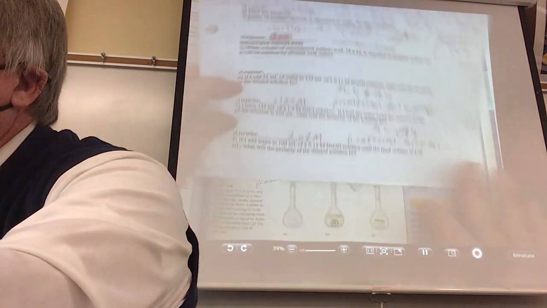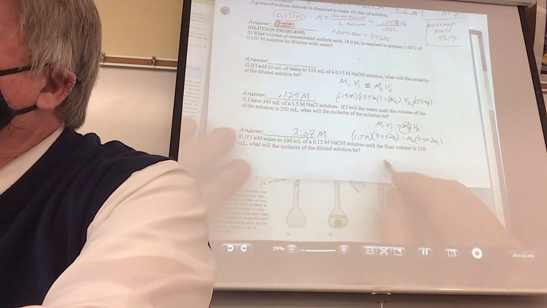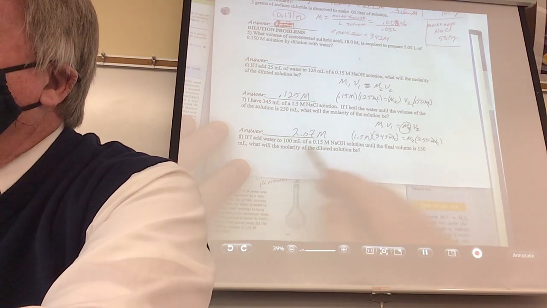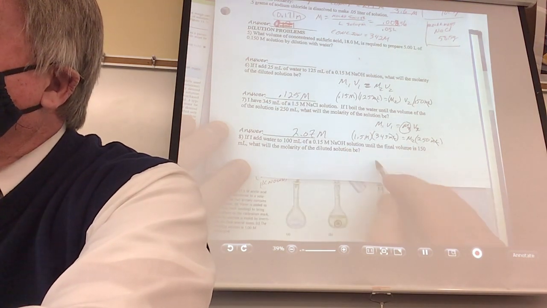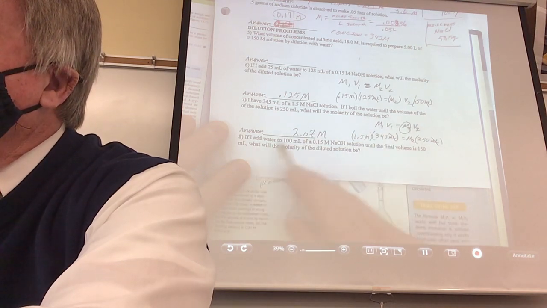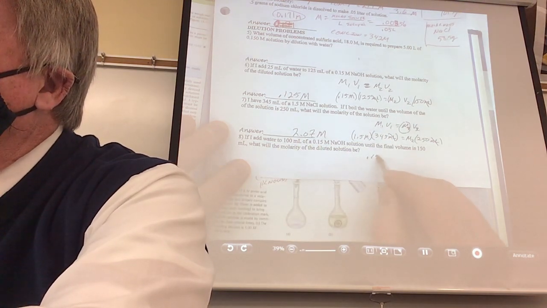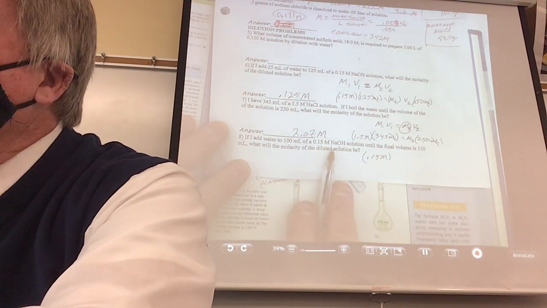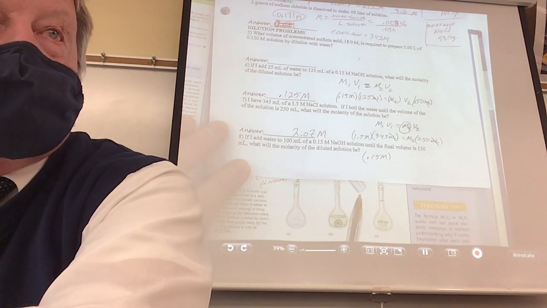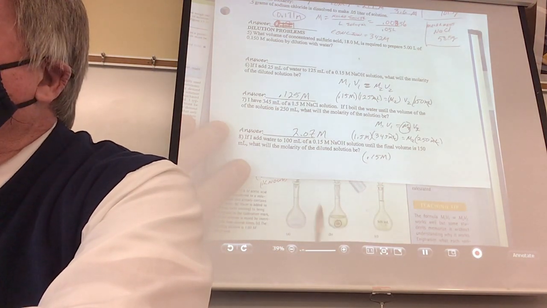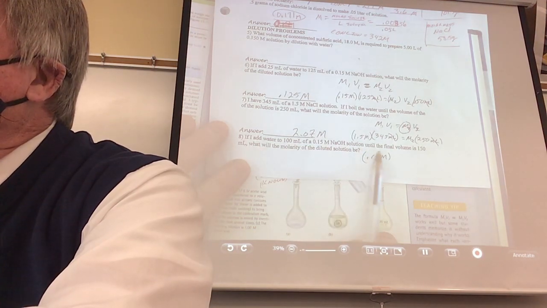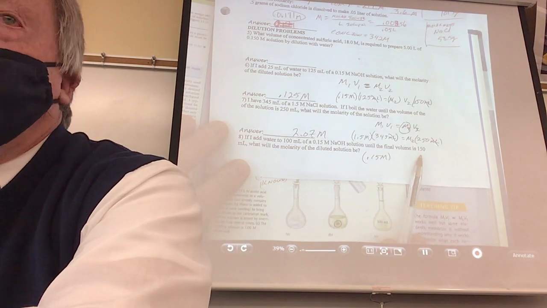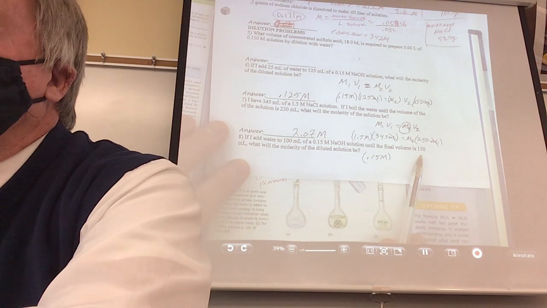All right, let's do the last one. I add water. What is the molarity? So what is the first molarity? 0.15 molar. And what is the first volume? Careful.